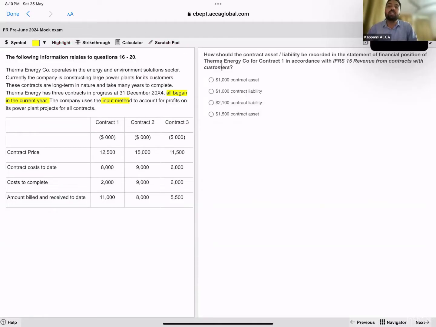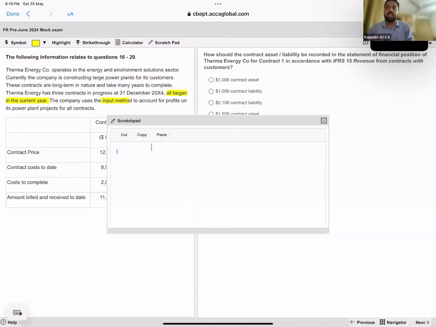Now, answering the first question of section B, that is the 16th question: how should the contract asset or liability be recorded in the statement of financial position of Therma Energy Company for contract 1 in accordance with IFRS 15 revenue from contracts with customers? They're asking contract asset or contract liability. So you have to know how to calculate contract asset or liability.